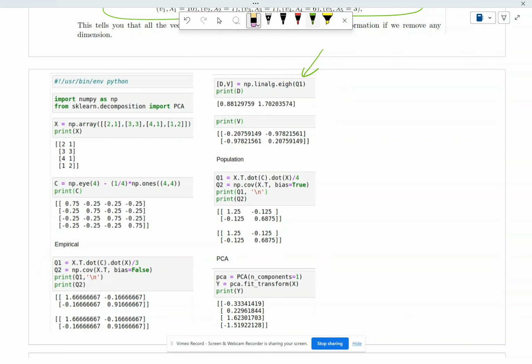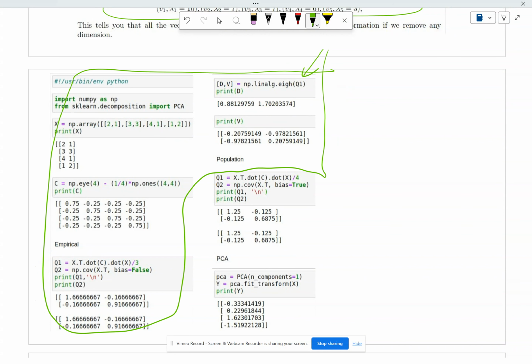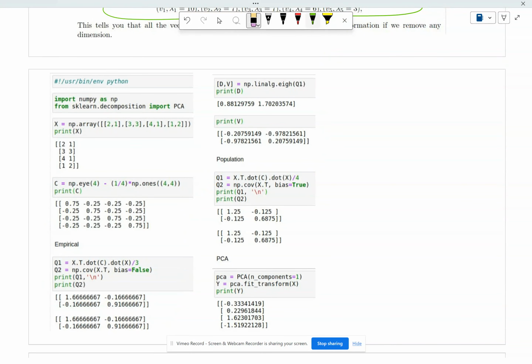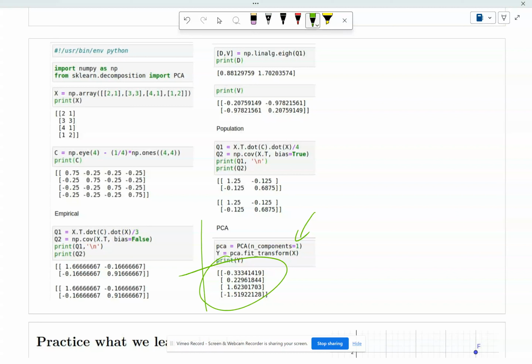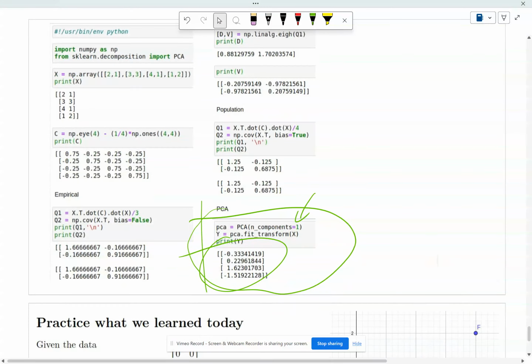All this is essentially how you perform it by code. In sklearn, PCA is as easy as just one line. The number of components tells you how many dimensions you want to reduce it down to, right? Then, voila, you get the result. So this right here is PCA.